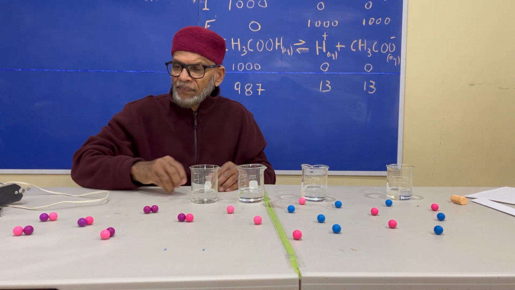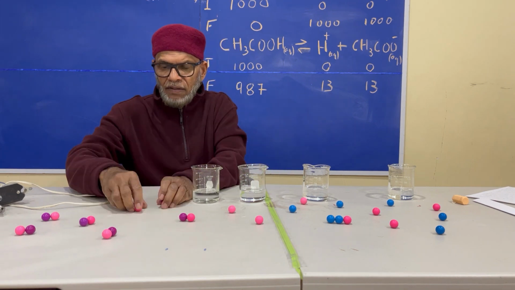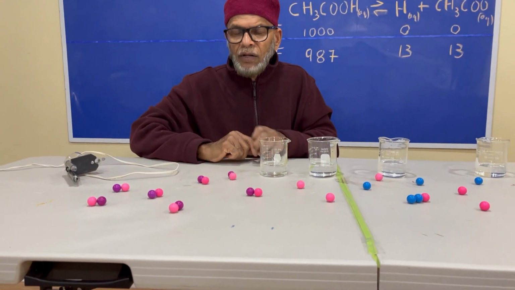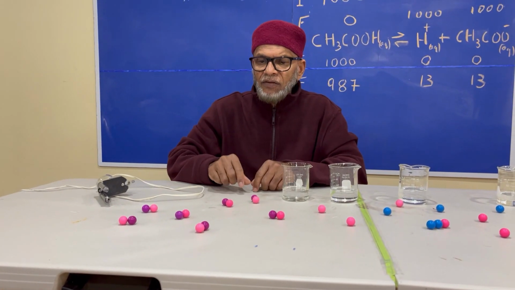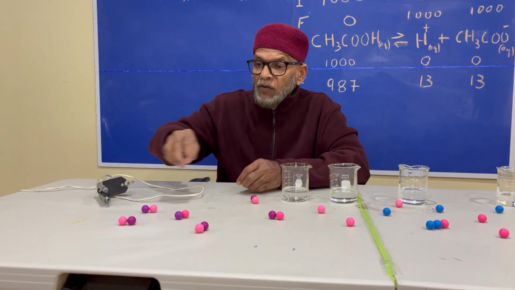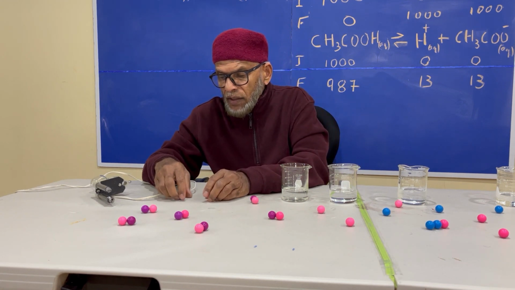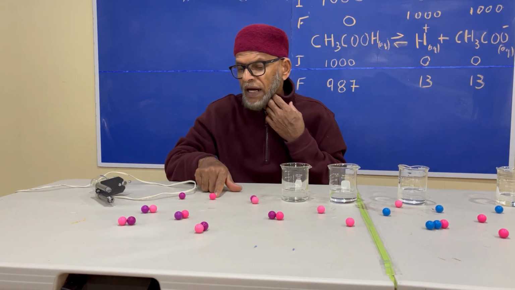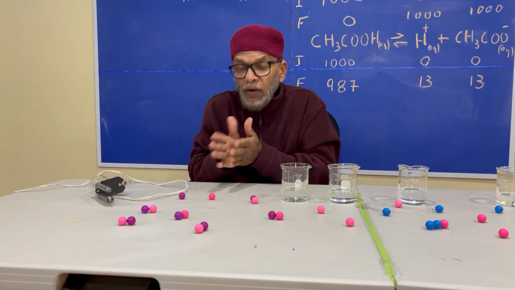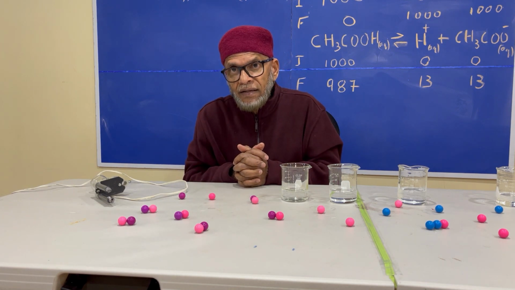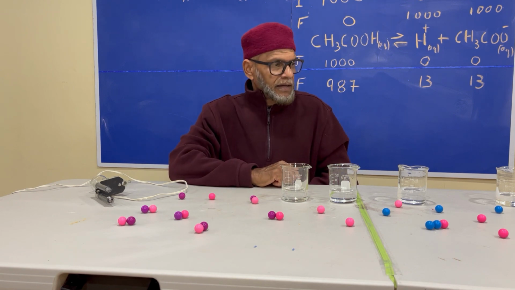For example, if I had these molecules here, these are the molecules before they dissolve in water. So what happens when they dissolve in water, most of them will remain as molecules, but only a few of them will ionize to produce hydrogen ions and ethanoate ions. That is why there are few ions there to conduct electricity. And as such, we say such acids are weak acids.